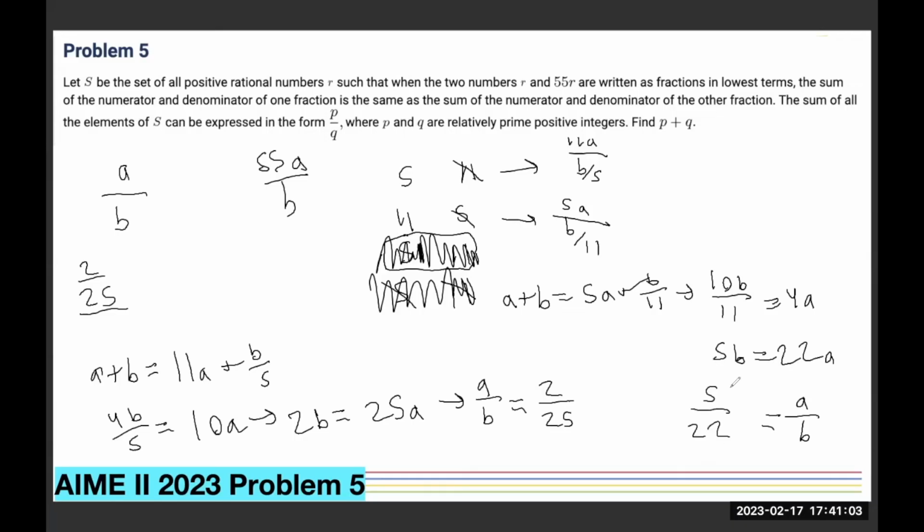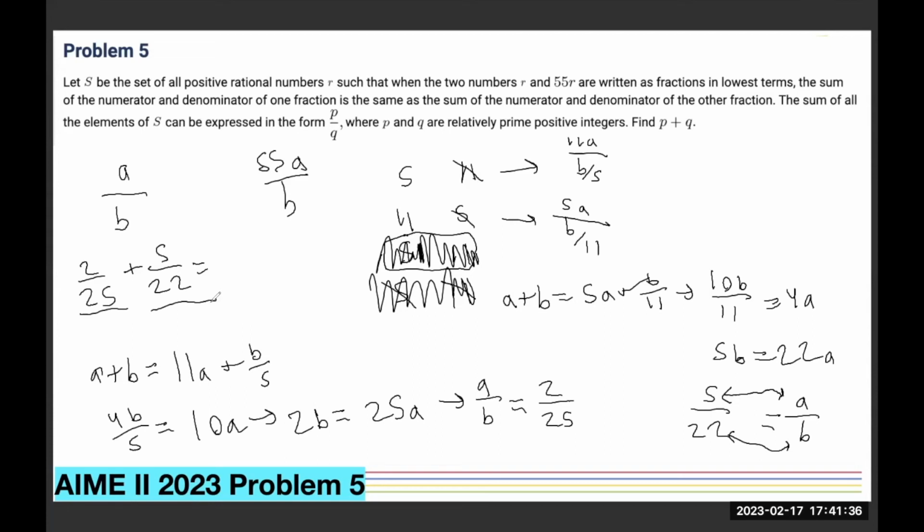Once again, using the exact same reasoning, because 5 and 22 are relatively prime positive integers, it's the only way to express that fractional value in that way. We know A is 5 and B is 22. So this leads us to the fraction 5 over 22. And these are our only two elements. There's no other cases. So our answer is just the sum of these two elements.